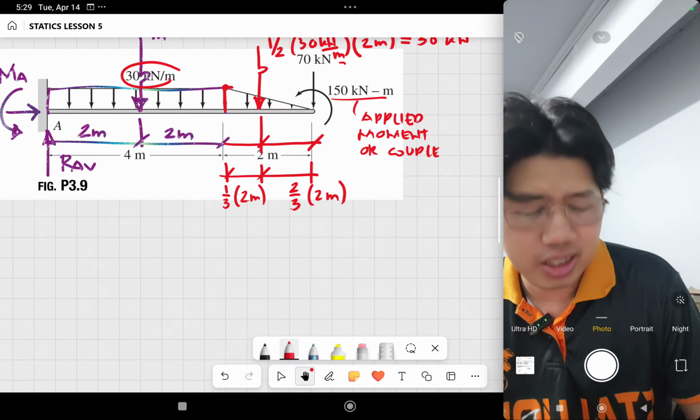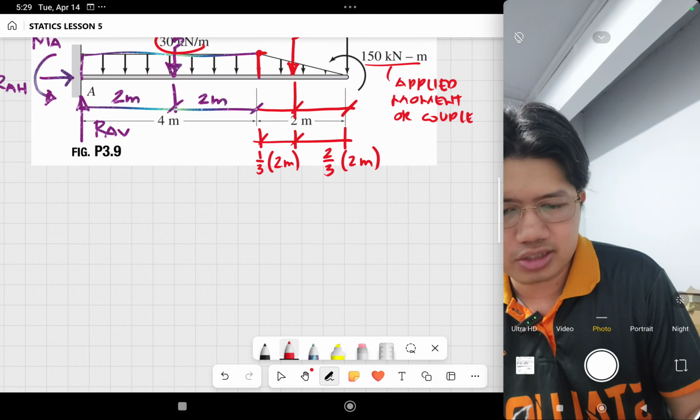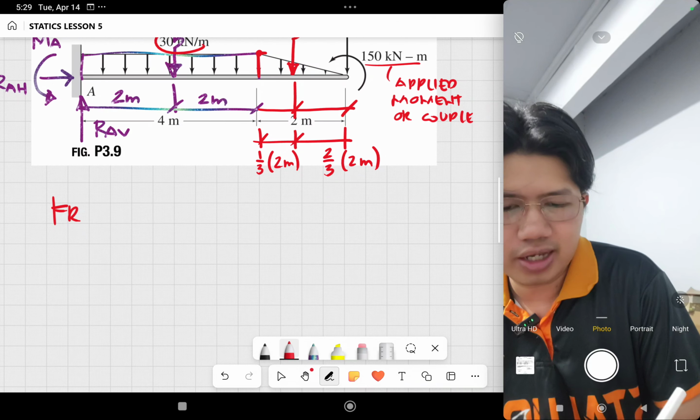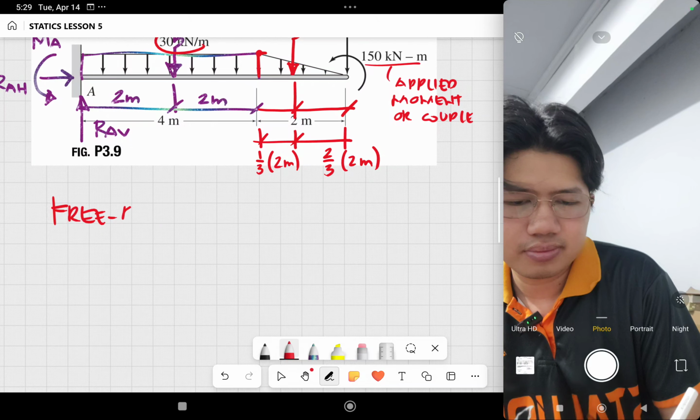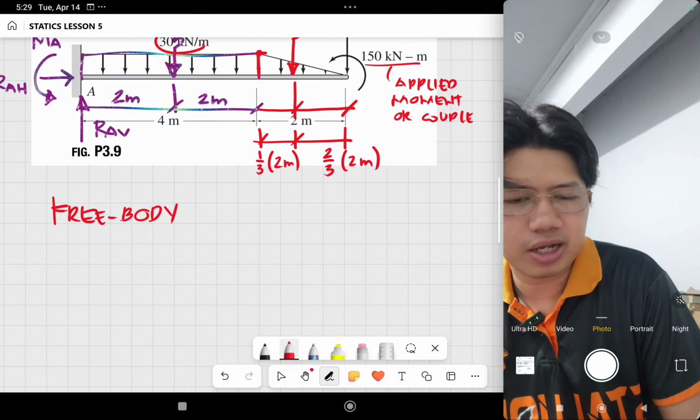Ayan, so para mas malinaw, i-transfer natin siya sa ating free body diagram. And dun tayo mag-analyze.